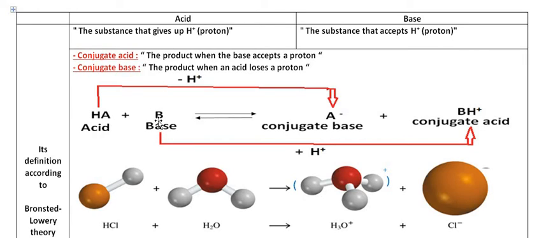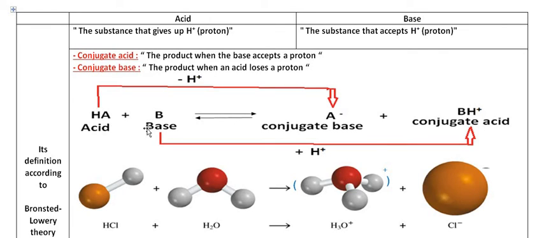When you add H plus to B, the base, it gives BH plus. Because B accepted H plus to be converted into BH plus, this is a base.